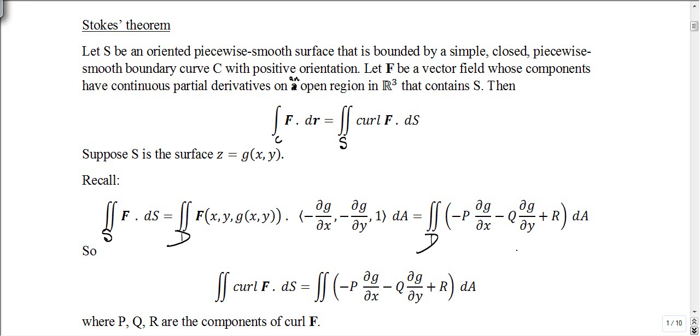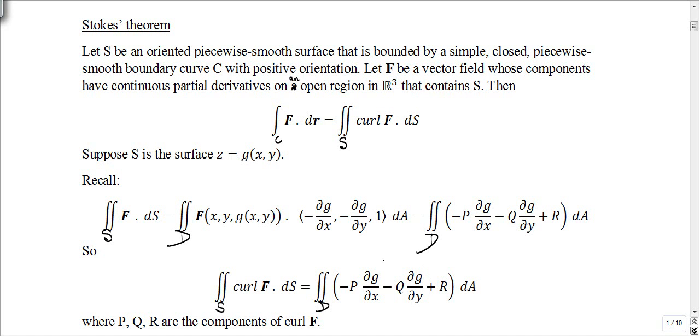That's a formula, so this is what we are going to use to calculate this double integral of curl F dot dS. Therefore the double integral over S of curl F dot dS is equal to, again, the double integral over D of the same thing: minus P times these partials, minus Q times the partial, plus R dA.